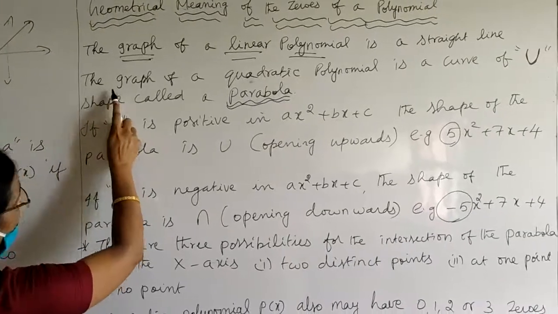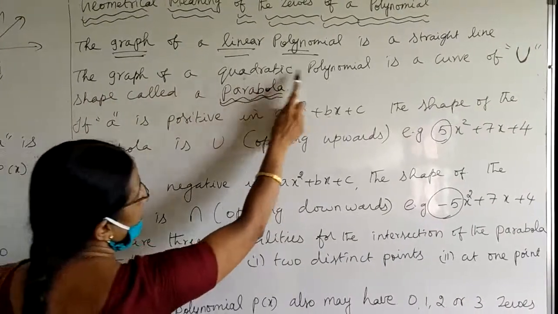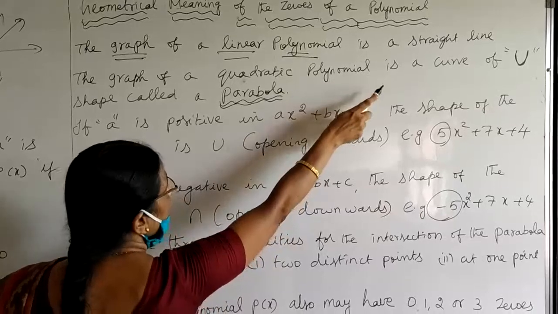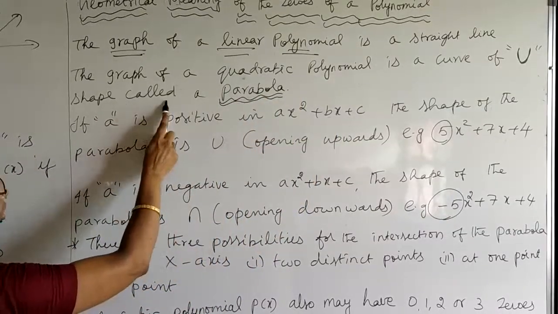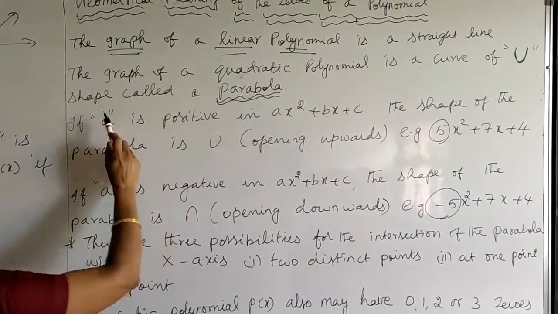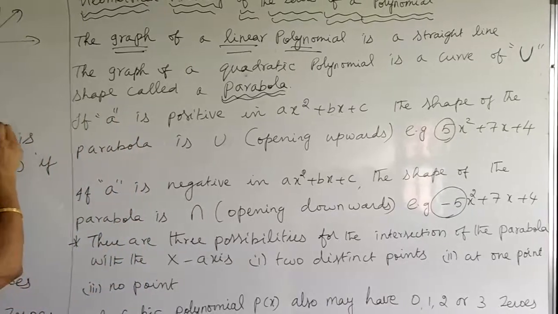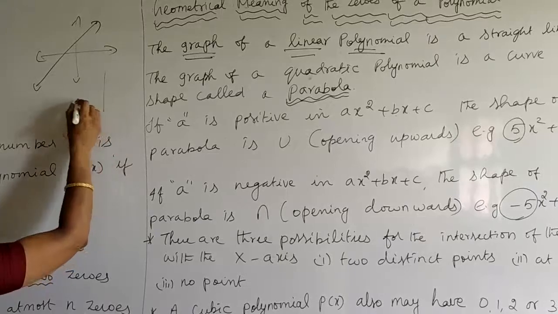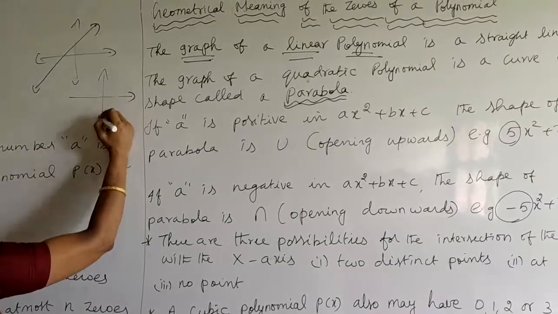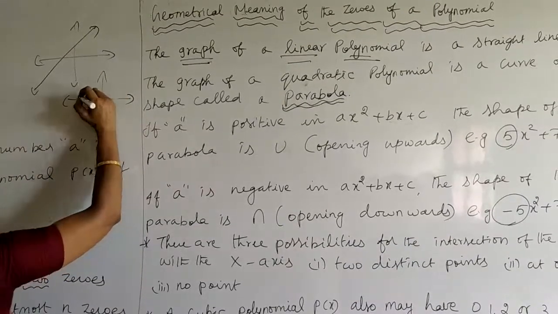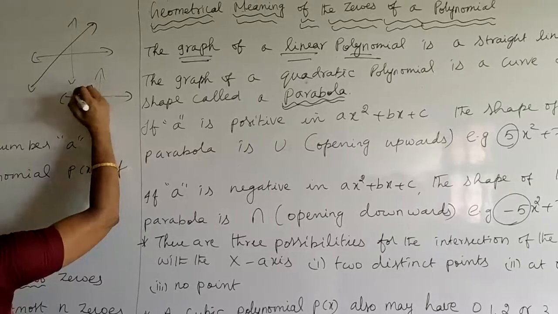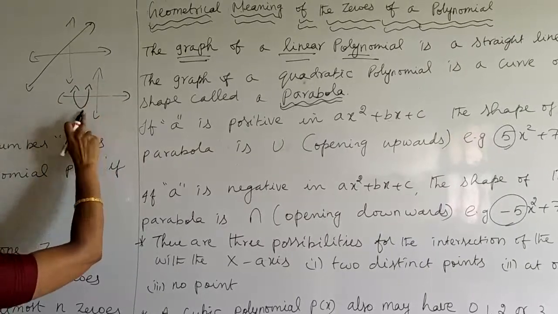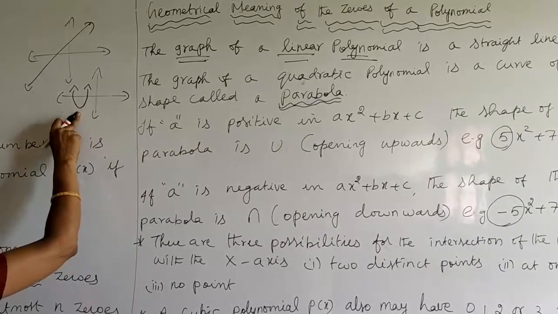The second is, the graph of a quadratic polynomial is a curve of U shape called a parabola. If it is not a linear polynomial and if it is a quadratic polynomial, we will get the graph in the form of U shape, like this U shape. The name of this curve is called parabola.